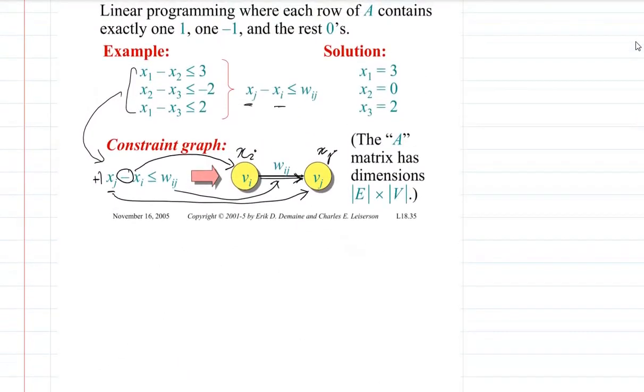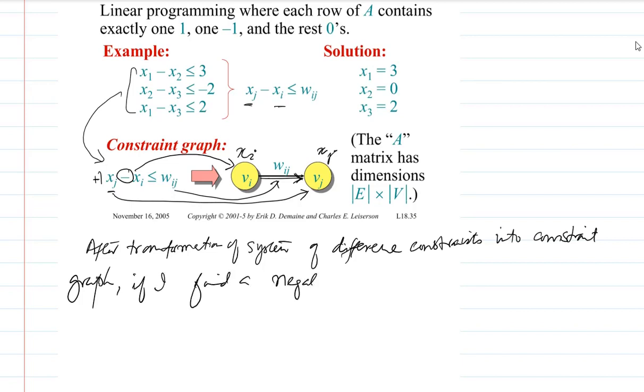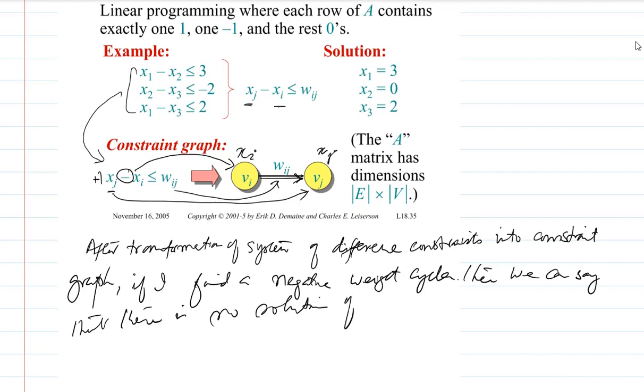So that means that after transformation of the system of difference constraints into a constraint graph, if I find a negative weight cycle, then we can say that there is no solution of the system of difference constraints, right? So this is the theorem.